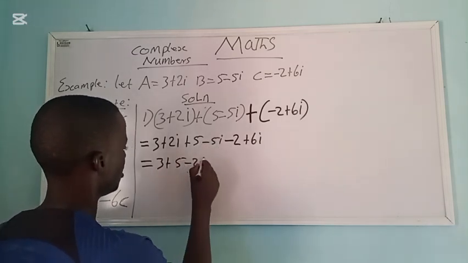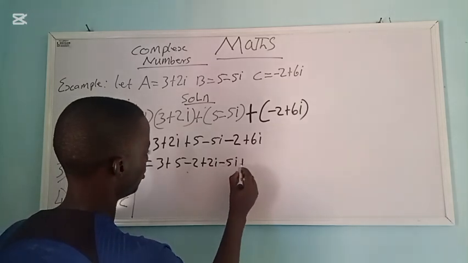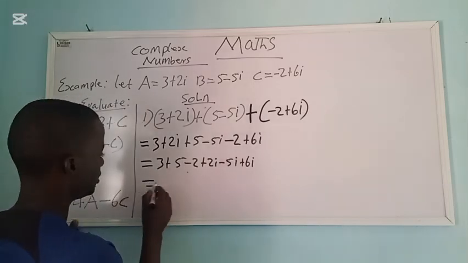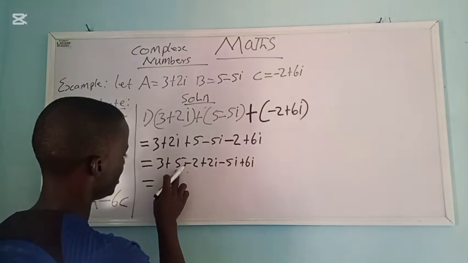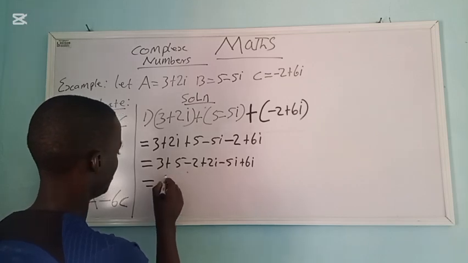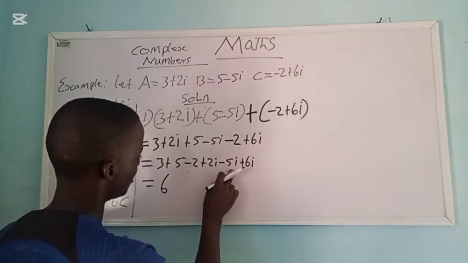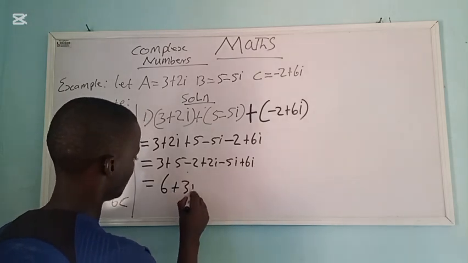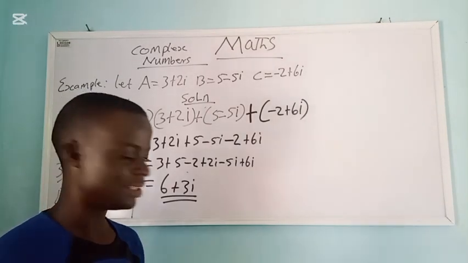Then we'll now pick plus 2i minus 5i plus 6i. So in total, 3 plus 5 is 8, minus 2 is 6. So you will now have 6. Then 2i minus 5i is minus 3i, plus 6i is plus 3i. So simple. That is your answer.